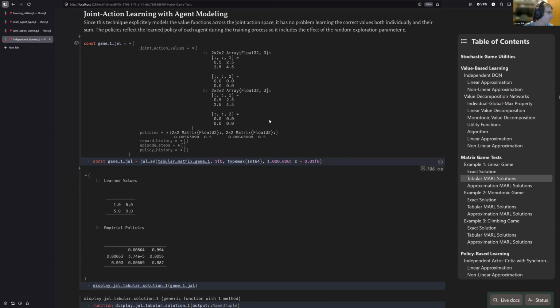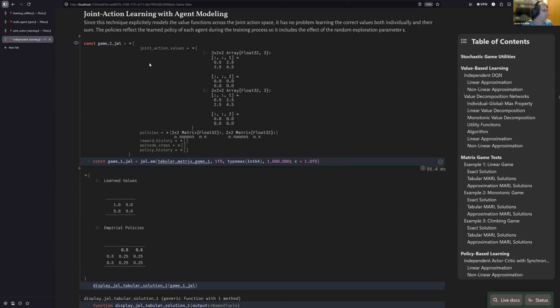What else is nice about this technique is that if I make epsilon 1, which means that during training these agents are just following completely random actions, it doesn't affect the learned values here. Just like with Q learning in reinforcement learning, Q learning in theory should be able to learn the optimal policy even if we're exploring randomly, because it's an off policy method.